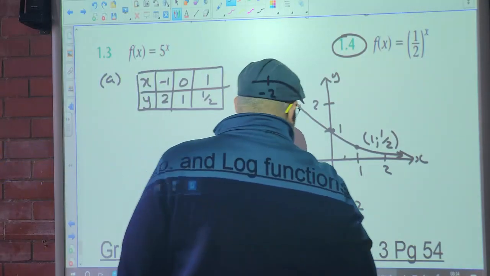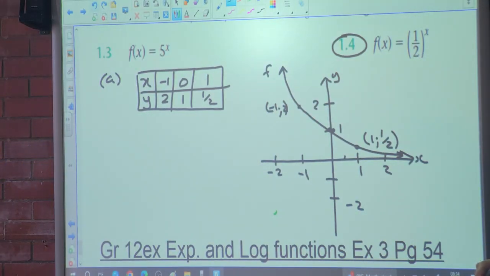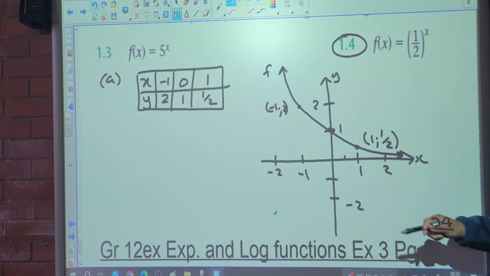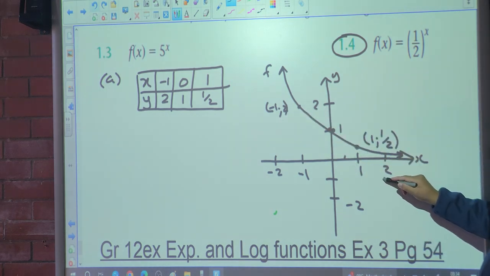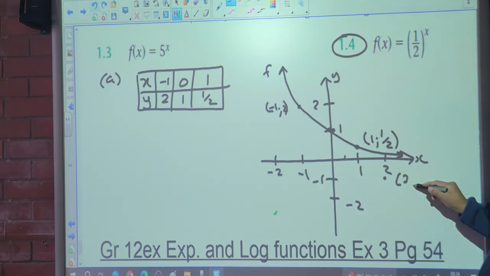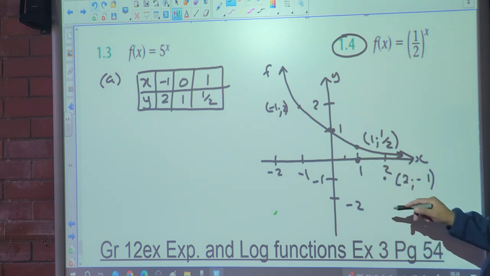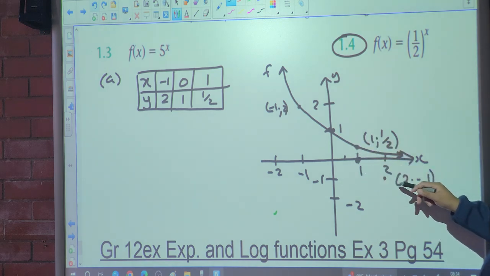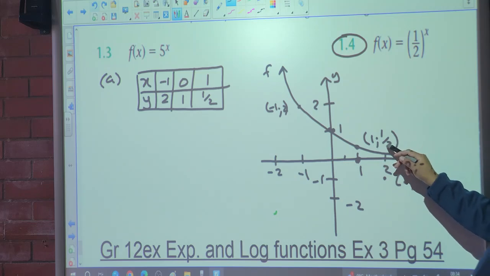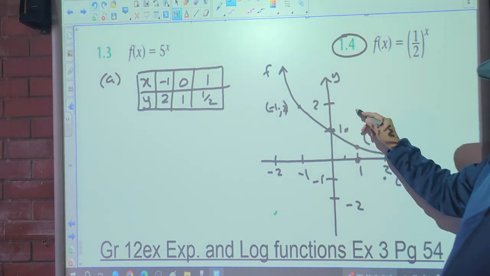For your inverse function, we interchange x and y. For the B part of the question now. So negative 1 and 2 becomes 2 and negative 1. Okay, 0 and 1 becomes 1 and 0. And then 1 and a half becomes half and 1.